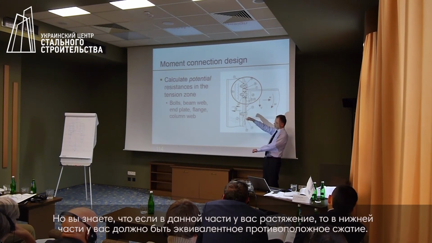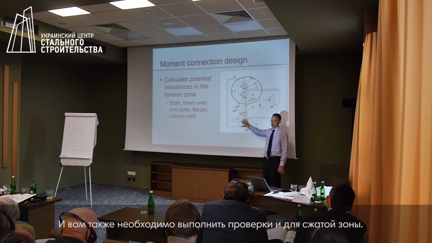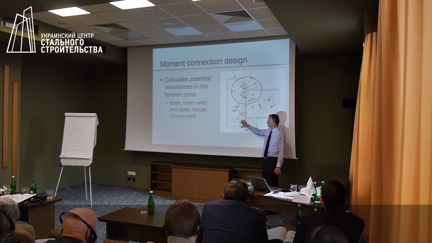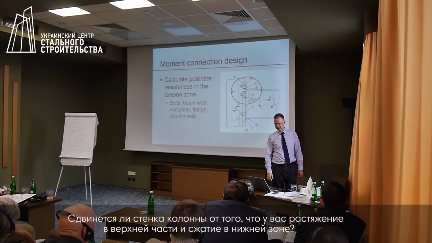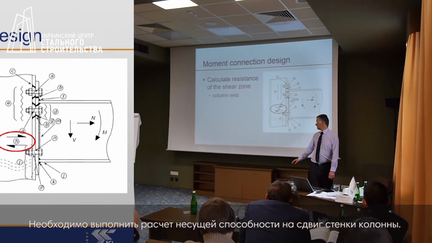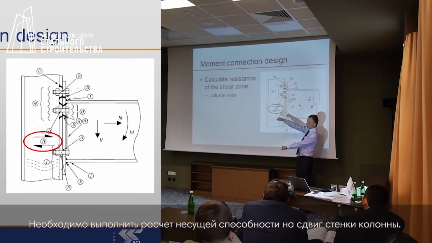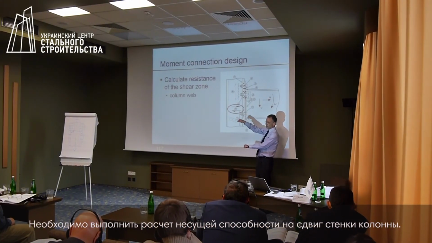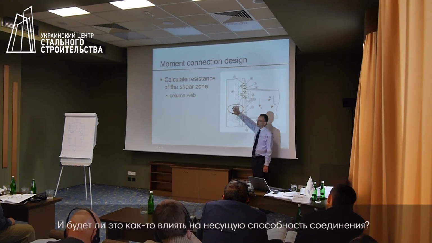But you know that as you pull in tension, there must be an equal and opposite compression. And therefore we need to consider things in the compression zone. Will the web of the column fail in bearing or buckling? Will the shear in the column web panel, because you have a tension at the top and a compression at the bottom, that's applying shear in the column web panel, will that fail?